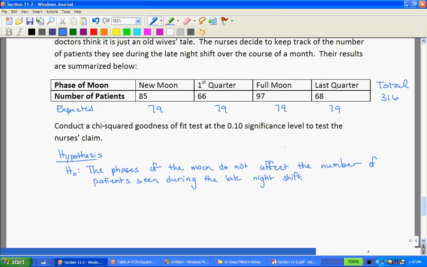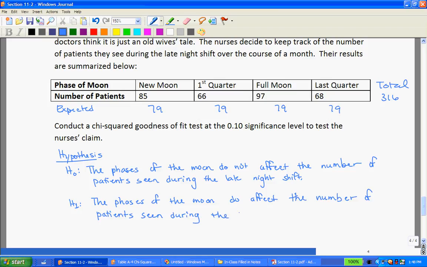So meaning moon doesn't mean anything, everything happens just normal. The alternative is the phases of the moon do affect the number of patients seen during the late night shift.